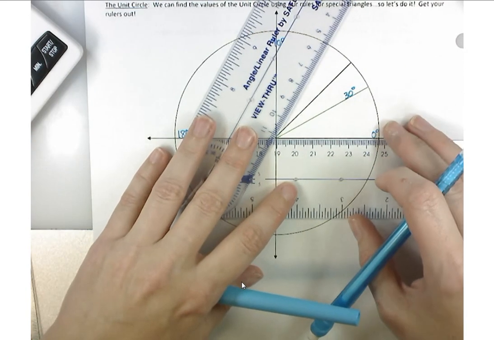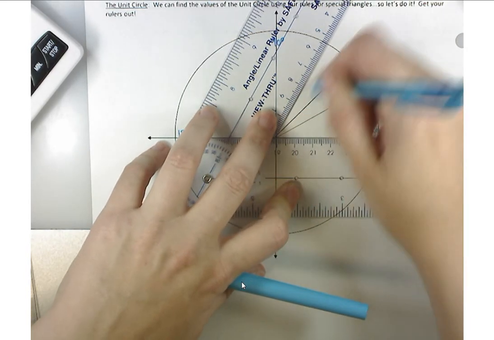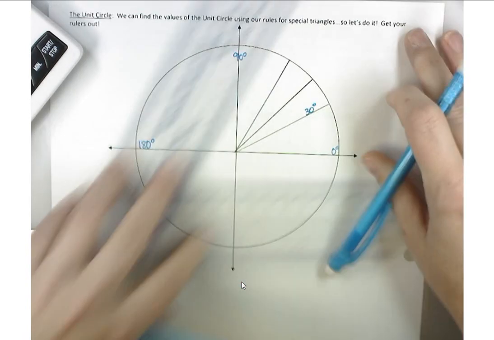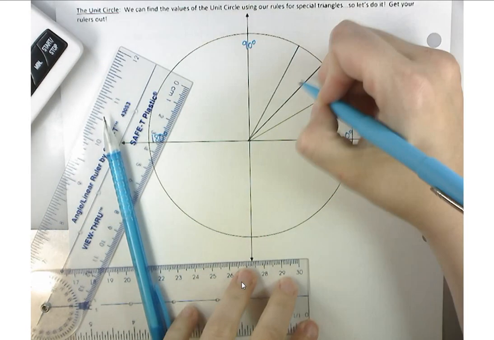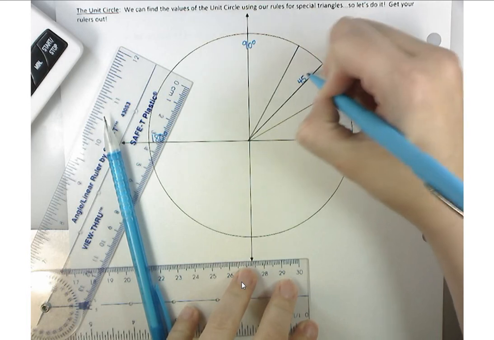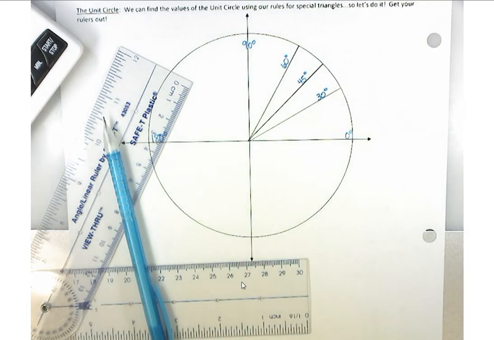Okay, so you are going to have to adjust so that you always have your vertex in the center. Okay, and then again, we are going to label those. So this was 45 degrees and this was 60 degrees. Okay, and I'm going to be color coding mine.